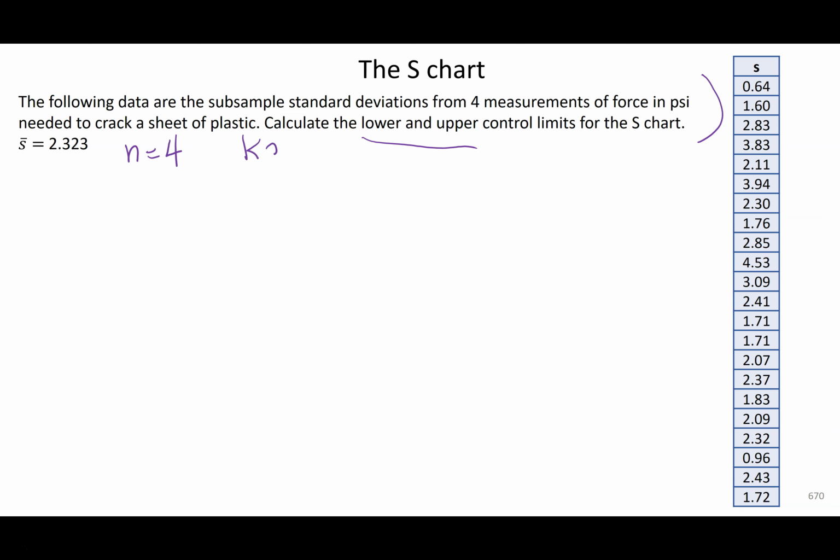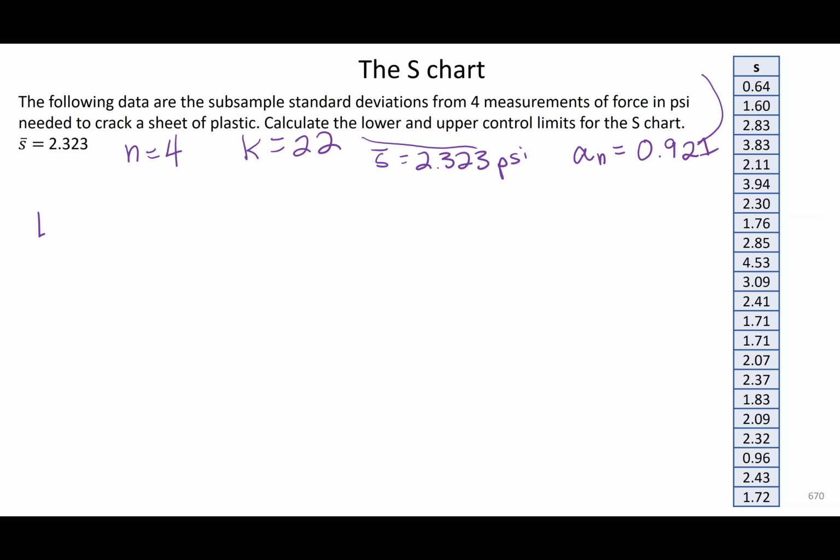We had 22 of them. Let me write an equal sign first, maybe. And we have an S bar of 2.323 psi. And a sub n, because our subsample size is 4, is going to be just that 0.921. That's what we're going to use here.